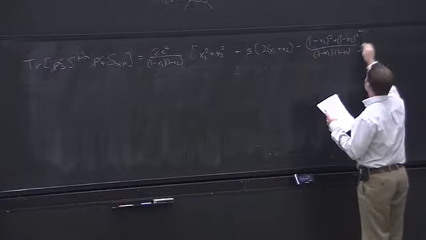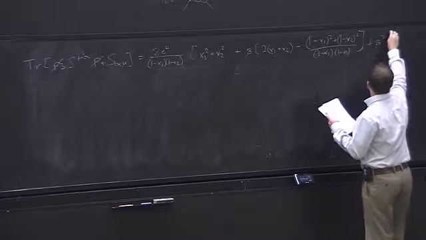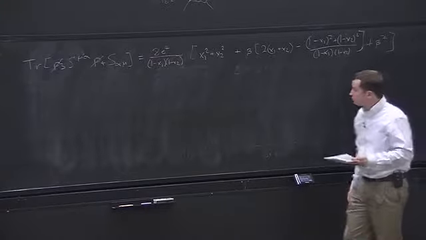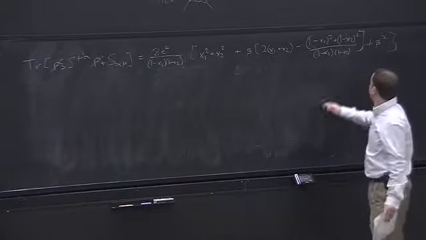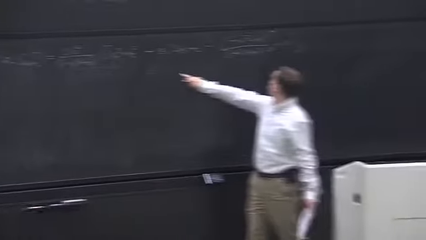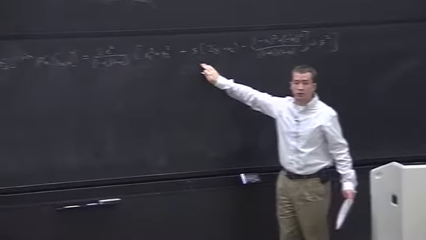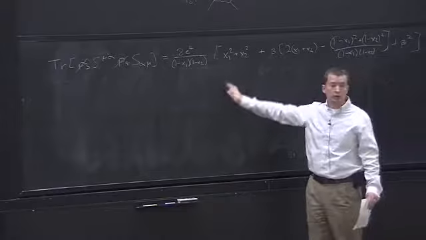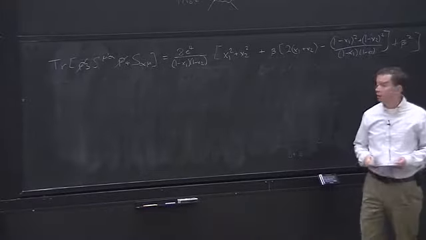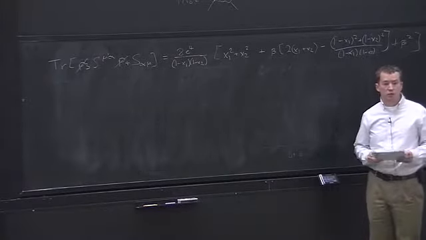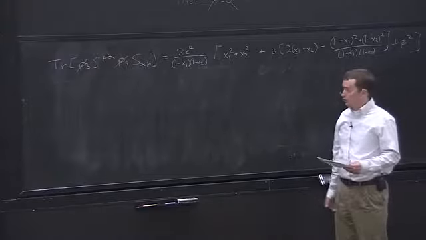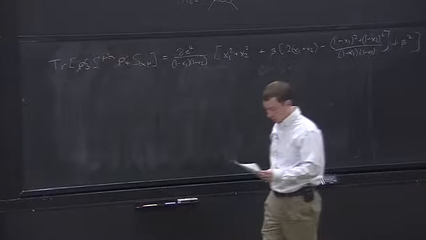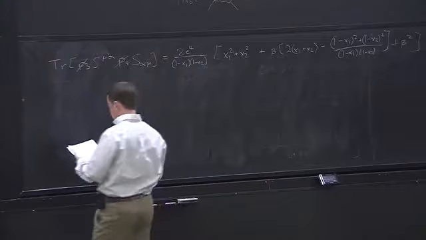And then we also have plus beta squared. So these two terms have positive powers of beta, and if we set beta to 0, we should get a divergence. Let's do that and see which physical region of parameter space is giving us this divergence.